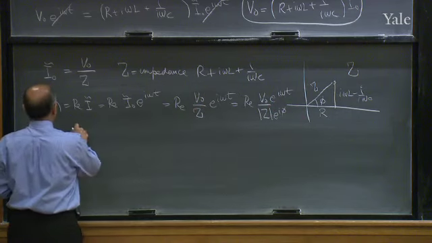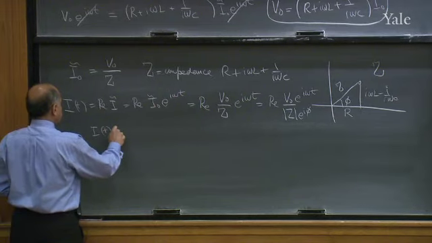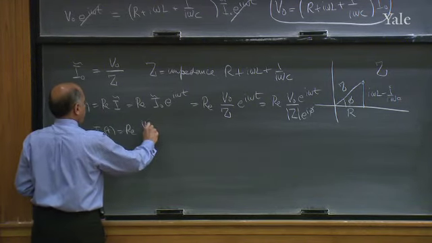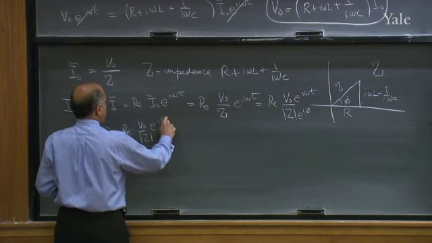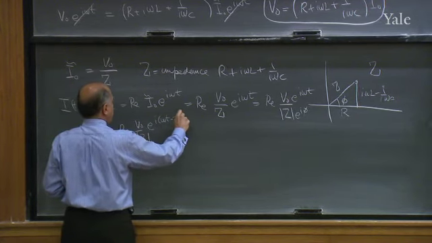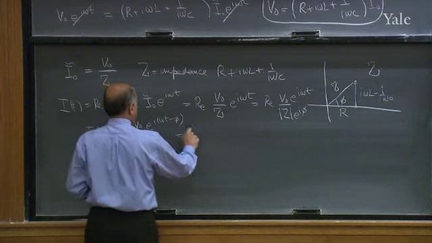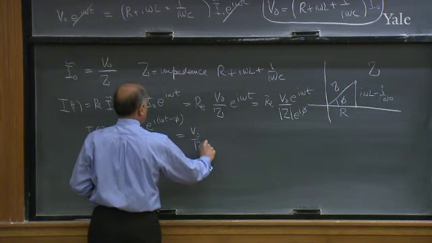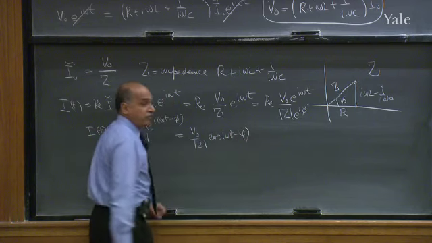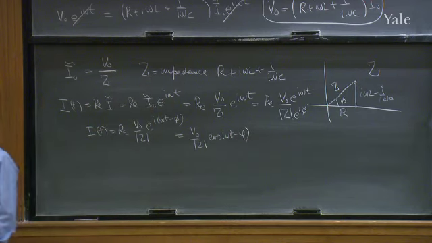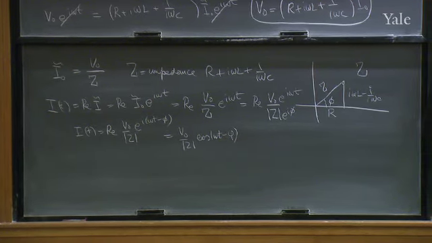So now you find I of t is the real part of V naught over mod Z e to the I omega t minus phi. And that we know is V naught over mod Z cosine omega t minus phi. So that's the final result.